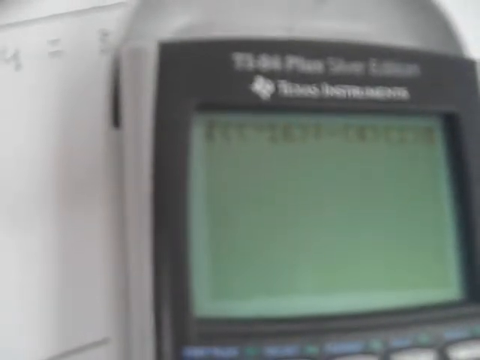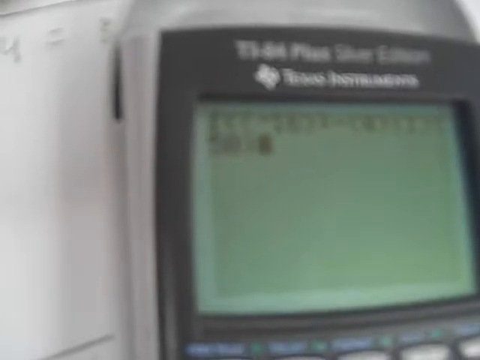Okay, so I go second, x squared to get my square root up, double the parentheses, and I've got negative 16, close it, second power, minus parentheses 4, parentheses 1, parentheses 50, I got 7.48.